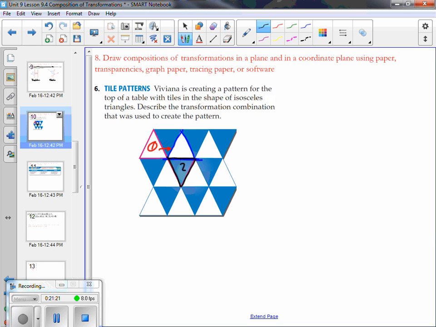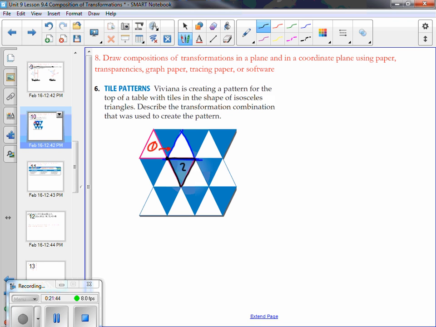What else could have been going on? It could be a rotation around that. What else could be going on? Then a translation. Whichever one you see first and it's actually correct, write it down. Okay?